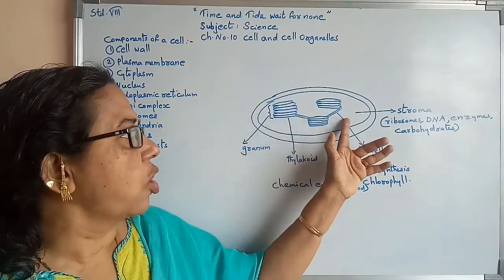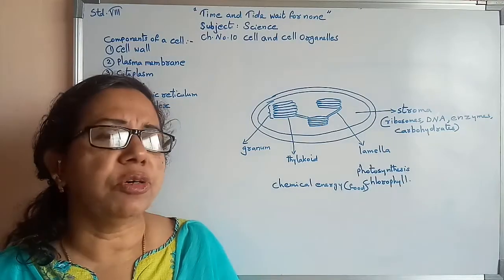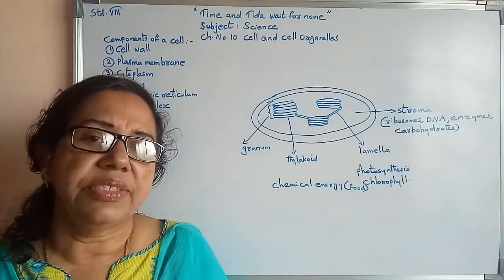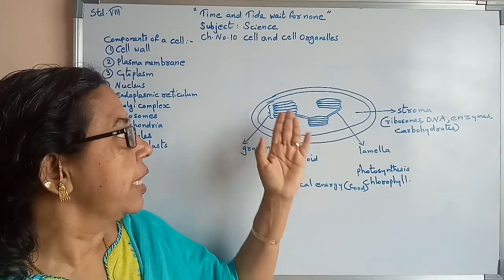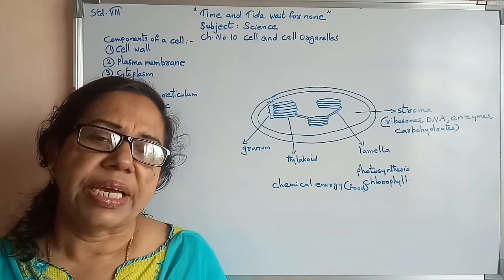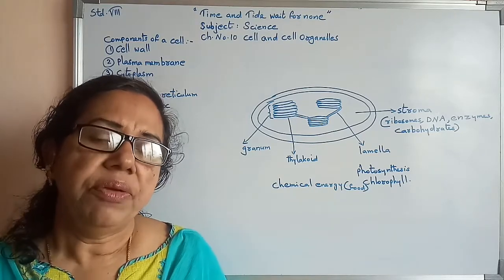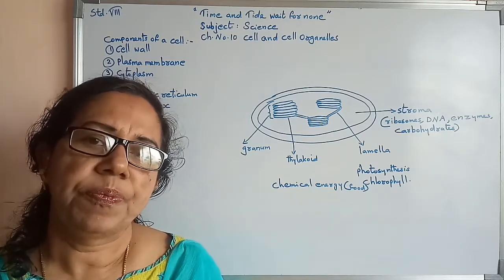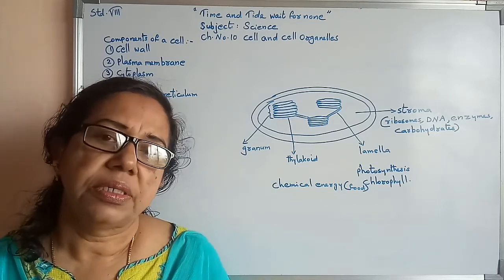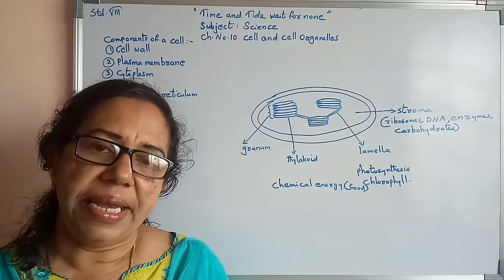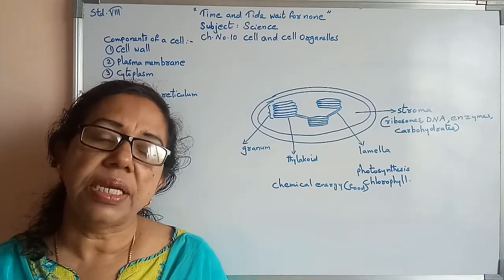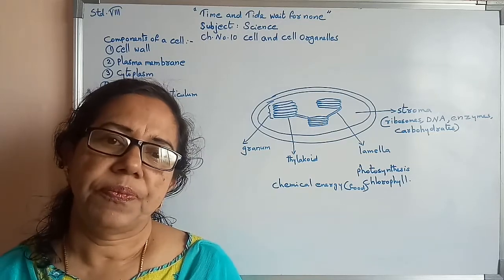Here this stroma contains ribosomes, DNA, enzymes as well as carbohydrates. Inside this granum there is chlorophyll. With the help of chlorophyll, plant cells can absorb solar energy and convert that solar energy to chemical energy or food. Thank you.